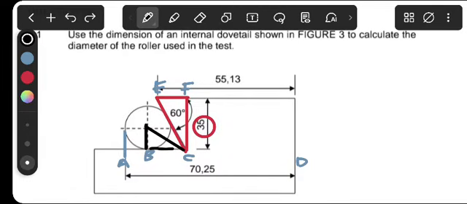We must be careful here. We have 60 degrees using the alternate angle. Also here this angle will be 60, but now it will be shared, so we have 30 and 30.